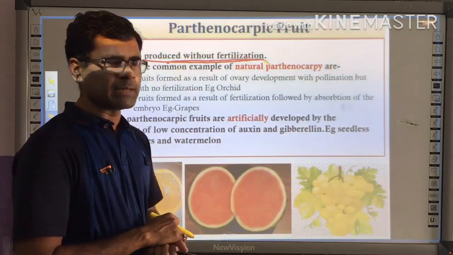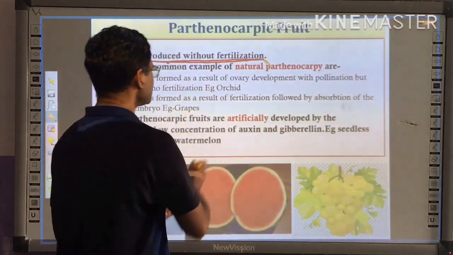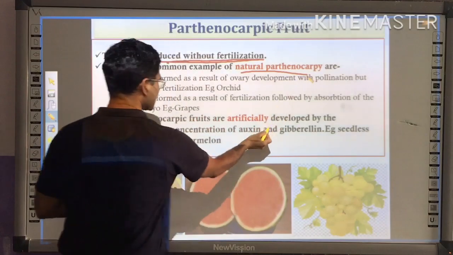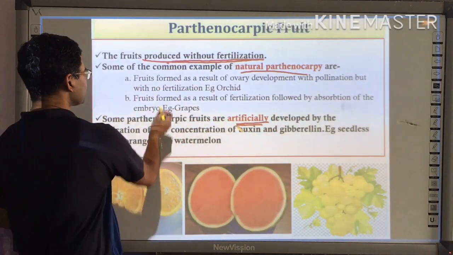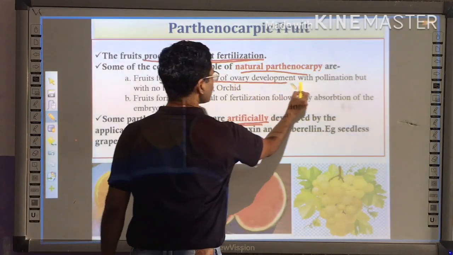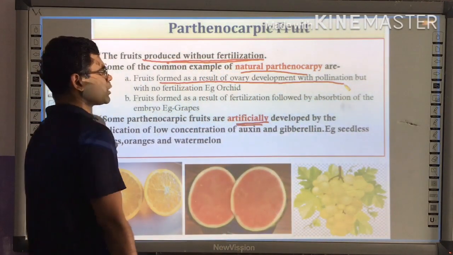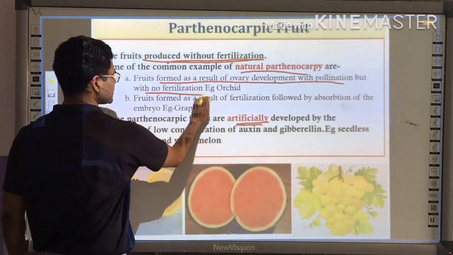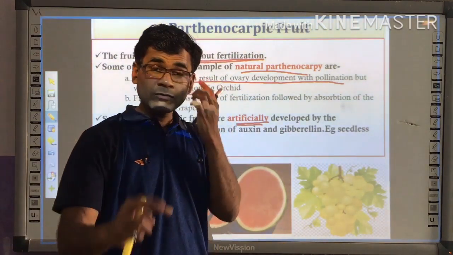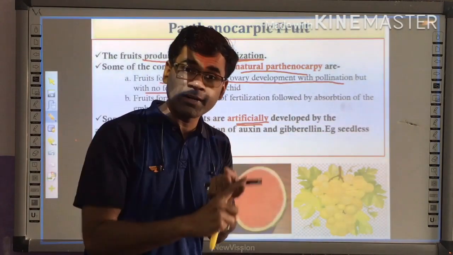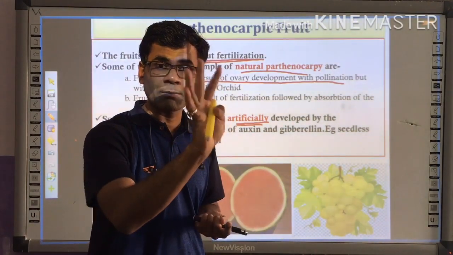Parthenocarpy is again of two types: natural parthenocarpy and artificial parthenocarpy. In natural parthenocarpy, the fruit is formed as a result of ovary development with pollination but no fertilization. Wow, very interesting: for the formation of fruit, pollination is mandatory, but fertilization is not.